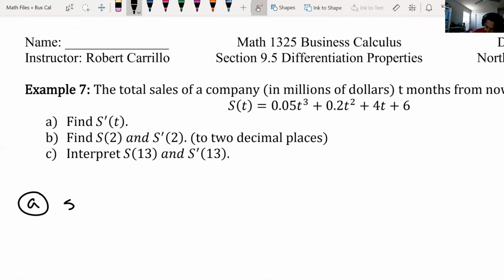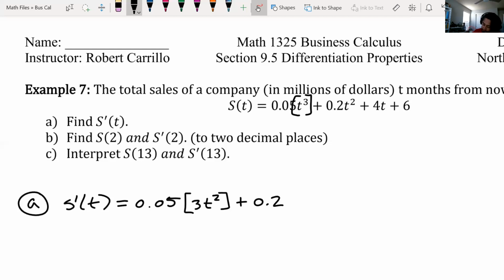S prime of t. And we'll look at the function above, and I'll just separate the functions. So that's 0.05. And what is the derivative of t cubed going to be? 3t squared. Plus 0.2 times t squared.